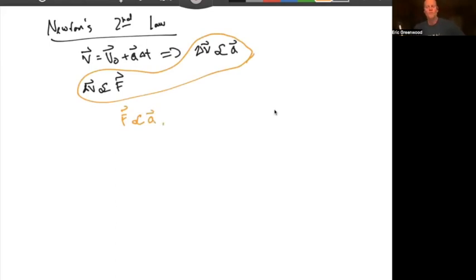So for me to have a change in velocity, I have to have an acceleration, but to have a change in velocity, I also have to have a force. Therefore, force must be directly proportional to an acceleration.